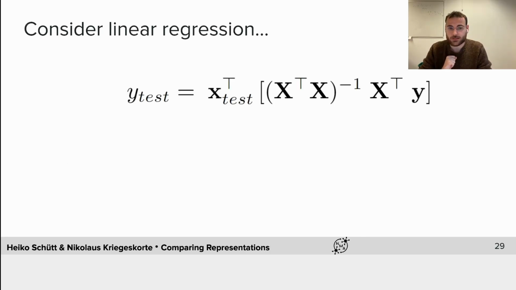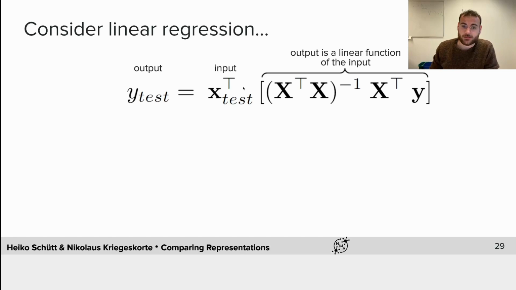and then look at how we get actually from the representations of our training and test stimuli and our training data to some prediction. Usually we would think of this as a map from our representations of the test stimuli to an output, and those are the weights we get.